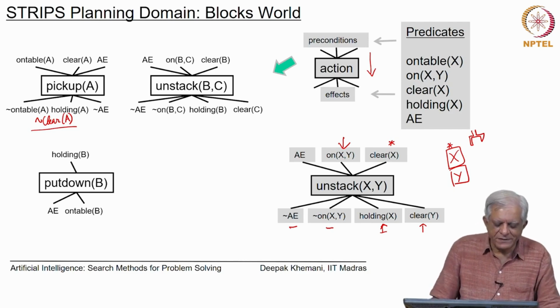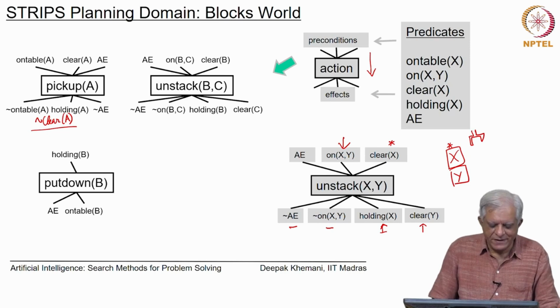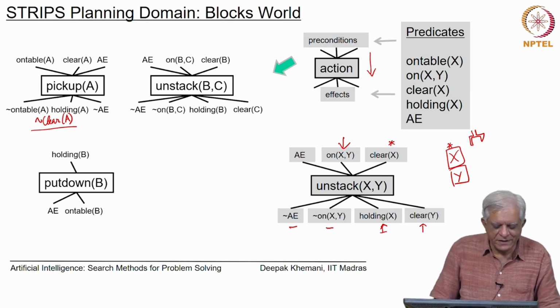When you pick up A, then you do not know whether to call it clear or not, but when you put it down, because once you pick up an object you are only going to put it down, or you are going to stack it onto something else, and then of course, it would become clear A. So, if it is clear before the action and if it is clear after the action, then maybe you do not need to delete that predicate and save some amount of work for your planner.